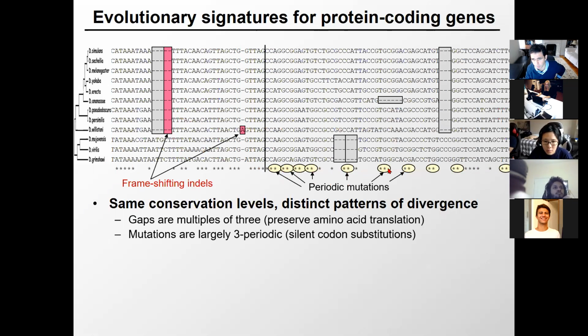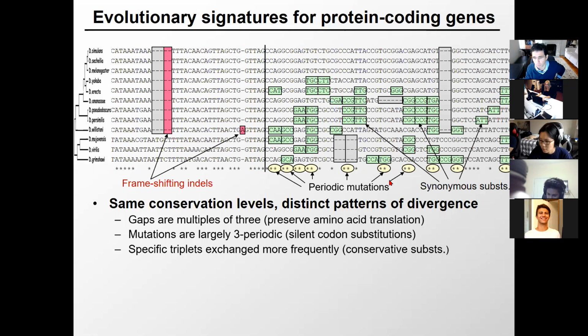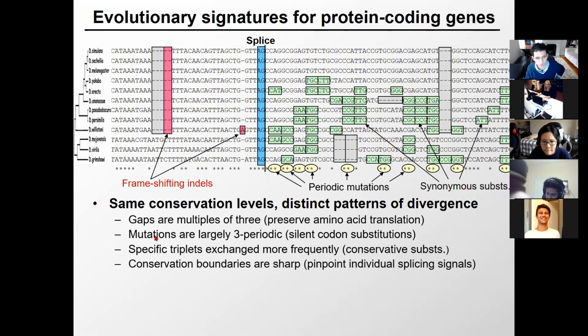So the stars are arranged in a periodic pattern, and that is largely driven from the silent codon substitutions that are largely involving the third codon position. And more specifically than that, there are specific synonymous substitutions that are happening much more frequently within protein coding regions, but not within non-coding regions.